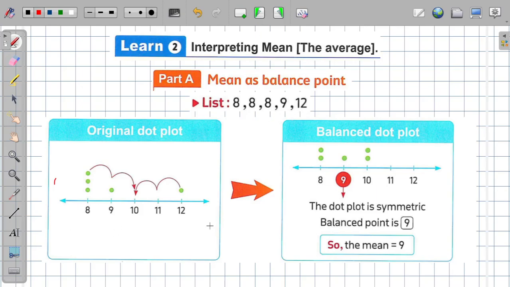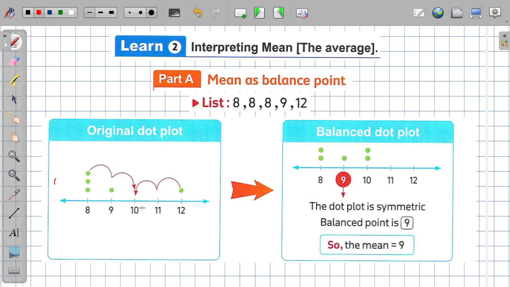So I will represent it on the dot plot like this, and I will try to move all dots above one number, and this number will be the balance point of this data set.